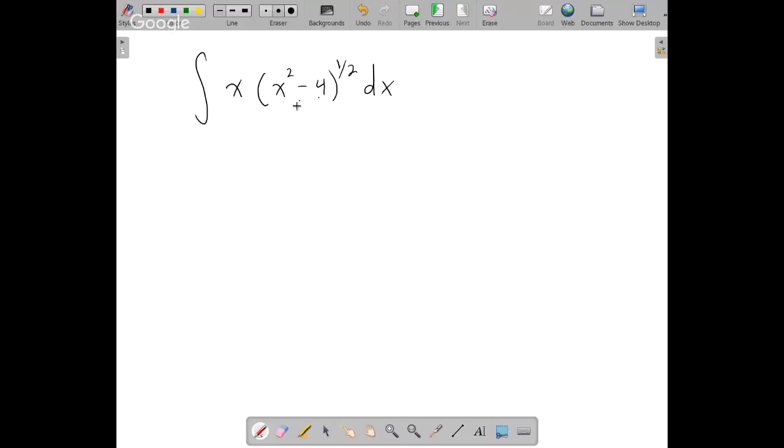I have a function times a function, and that function involves a function of a function. So U-substitution to try and make this simpler. Usually it's the inner function here that you want to try for your u. So let's let u equal x squared minus 4. Du then would be 2x dx.